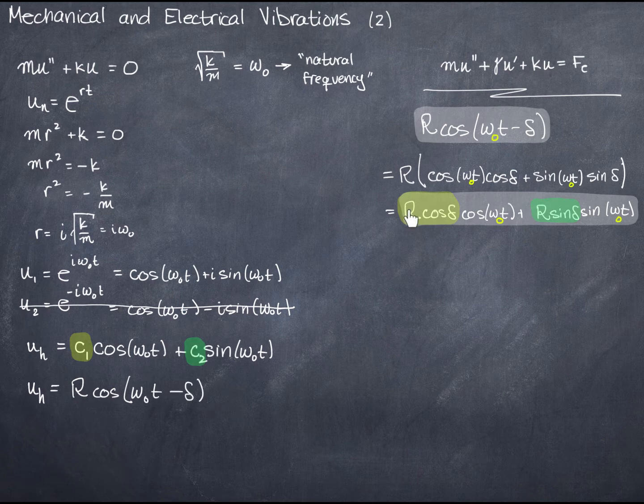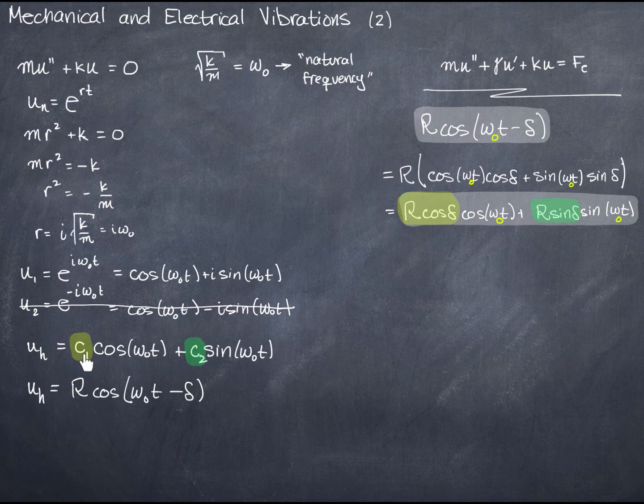So I don't know what r is, but whatever it is, it's constant. So I can write this in this form, or I can write it in this form. I have it in the first form, and I have it in this form here, and I'm just choosing to write it in a different form. So I have r cosine delta equals C1. That just means that whatever this constant is, I'm choosing to think of it this way.